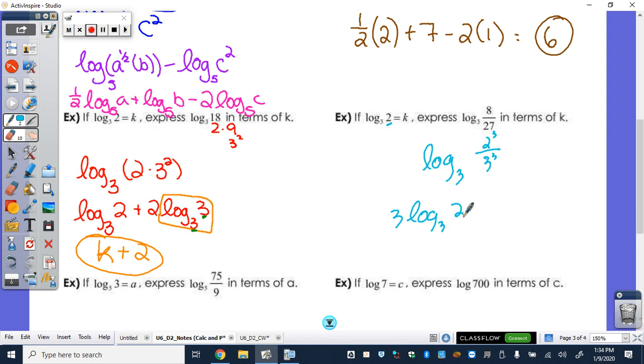Yep. Minus 3 log base 3 of 3. Exponents always go in front. Division means we subtract. So again, log base 3 of 2 becomes a k. So that becomes 3k since there was a 3 out in front of it. Minus log base 3 of 3 becomes a 1. So 3 times 1 makes that minus 3. So 3k minus 3.